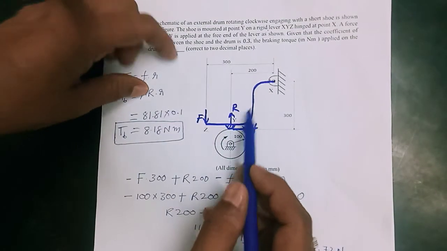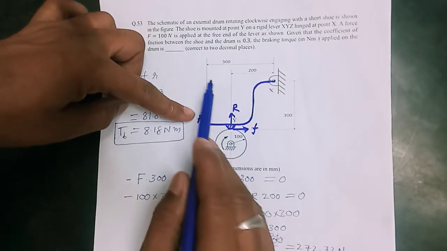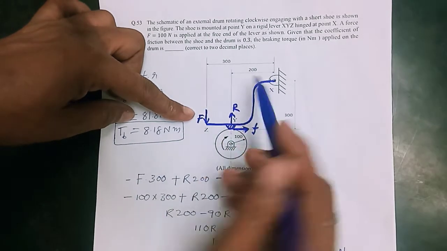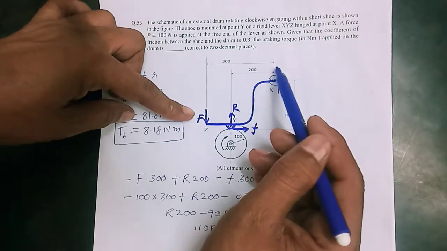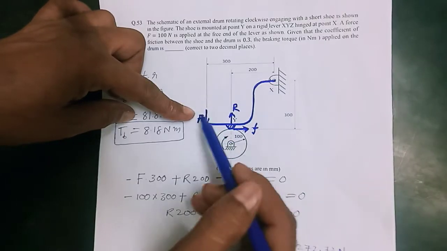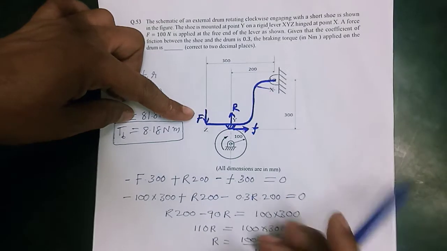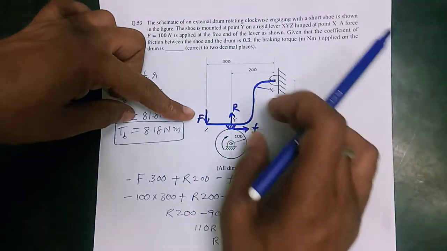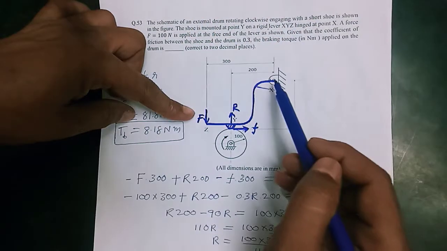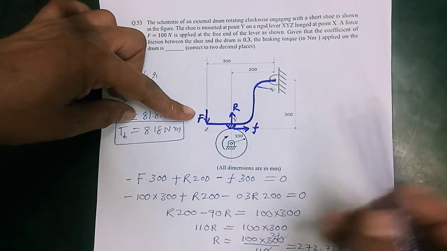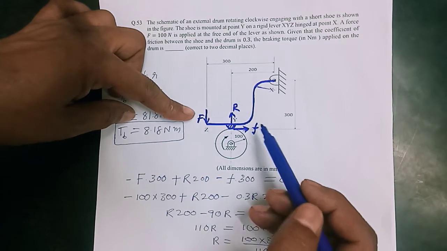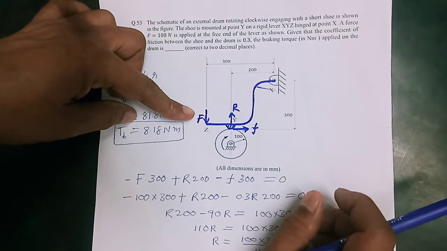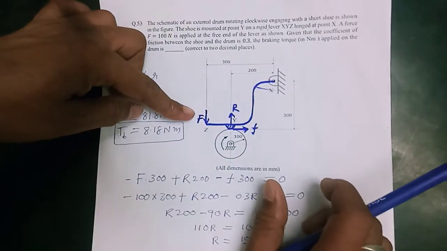When you take the moments about hinged point X, the product of force F and this distance from the hinged point gives the anti-clockwise moment. The reaction force R into this distance creates the clockwise moment at point X, and this friction force f and this distance 300 mm create the clockwise moment.